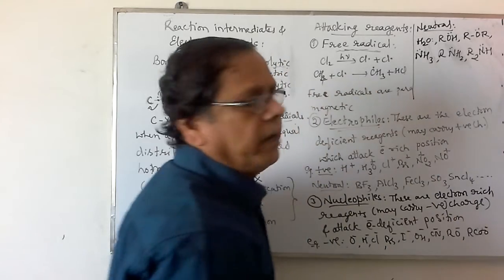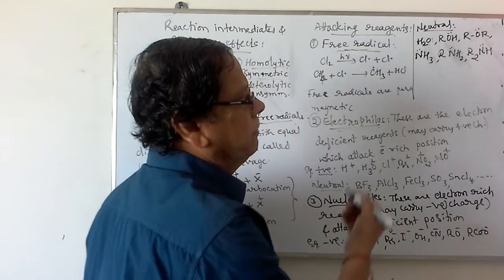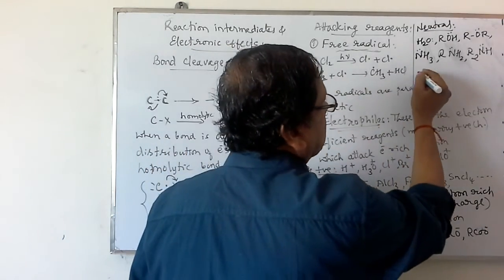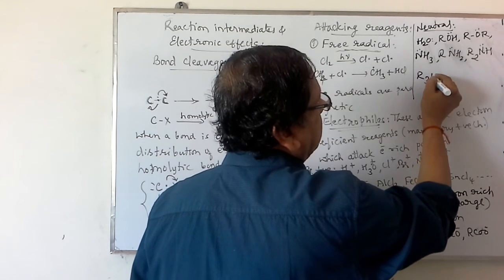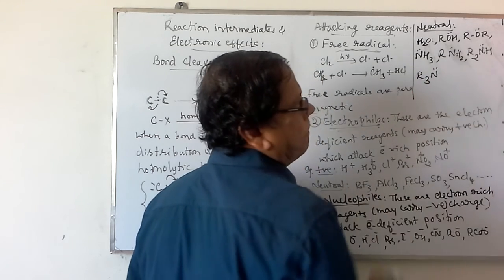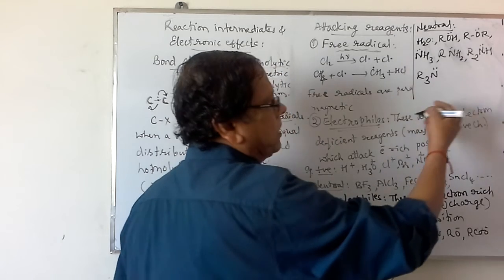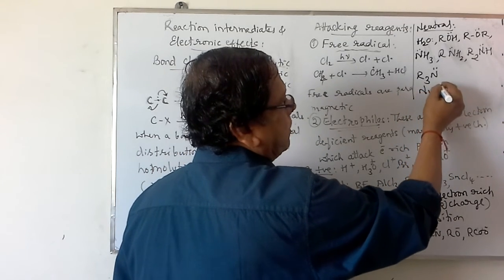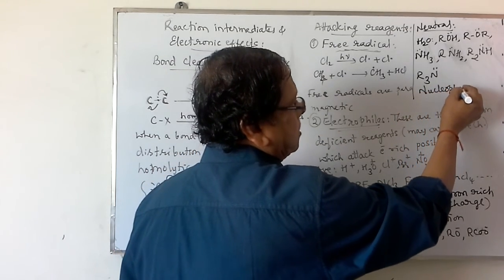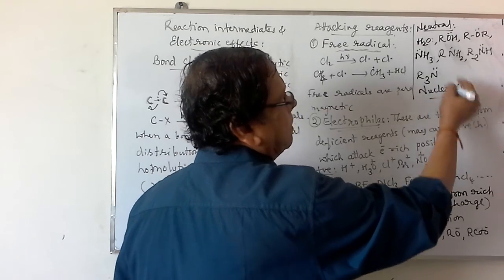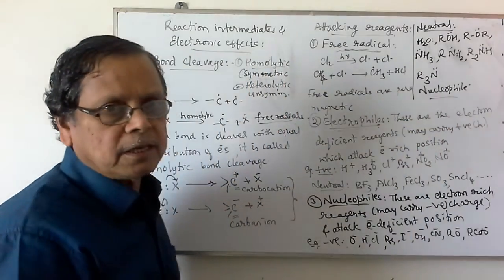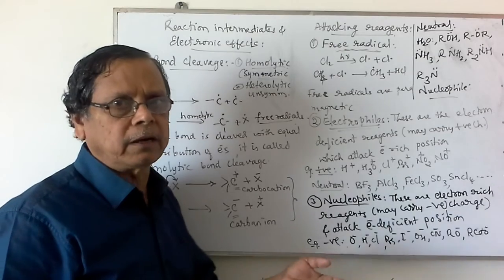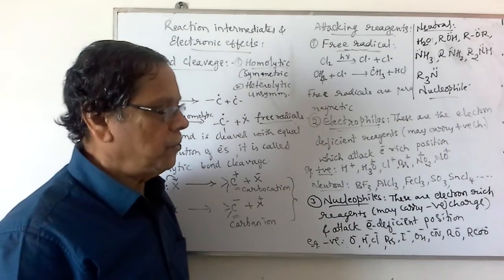Because of the lone pair of electrons on the nitrogen atom, they behave like nucleophiles. Similarly, the tertiary amine R3N. So these are the various examples of nucleophiles which do not carry any charge, but they are electron rich reagents. Because of the presence of one or more pairs of electrons, they behave like nucleophiles.